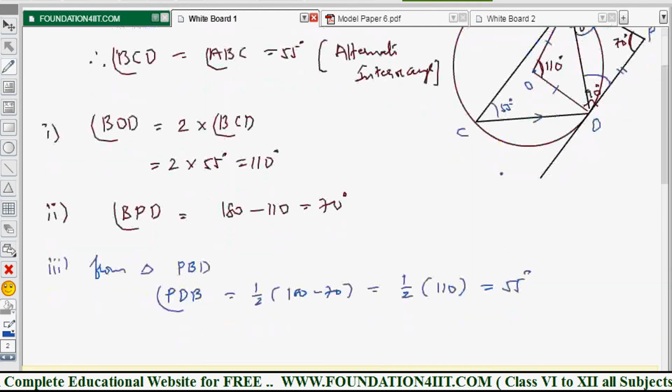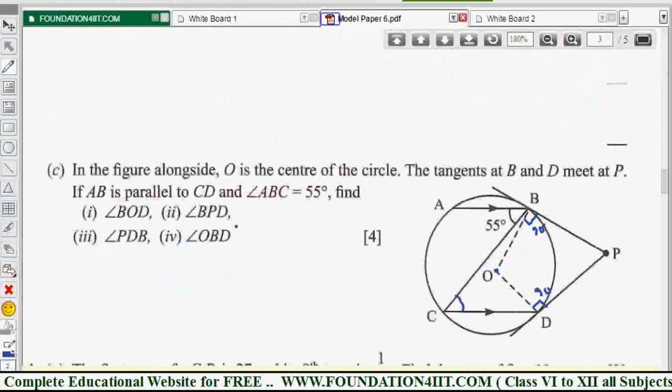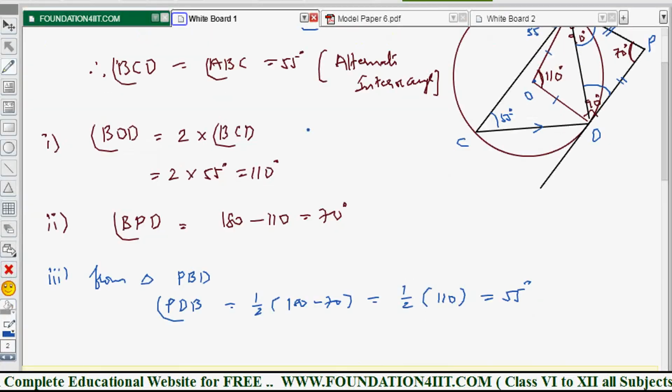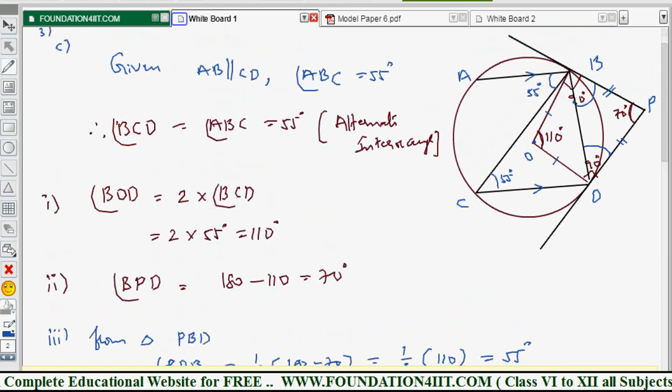It's simple. And one more, angle OBD. Now same but the other side. Now triangle OBD, this is also the same, half of 180 minus 110.